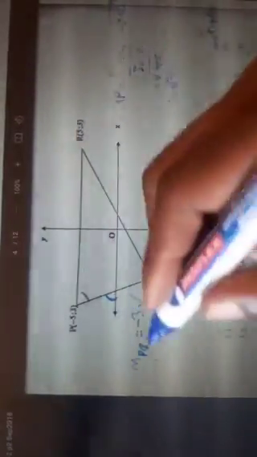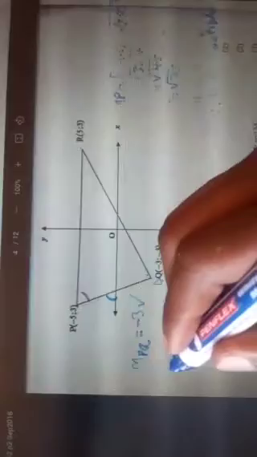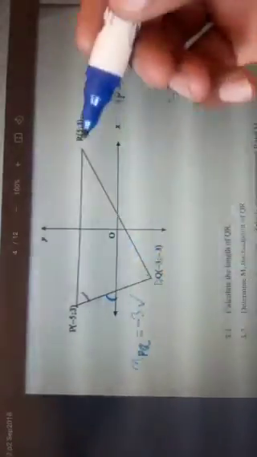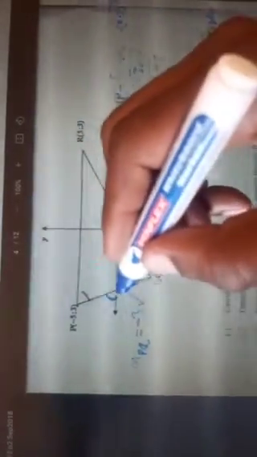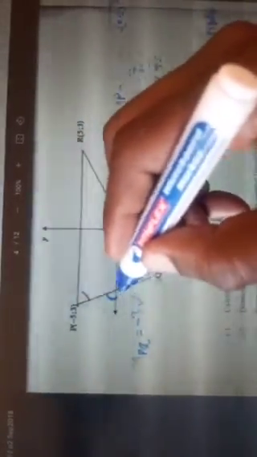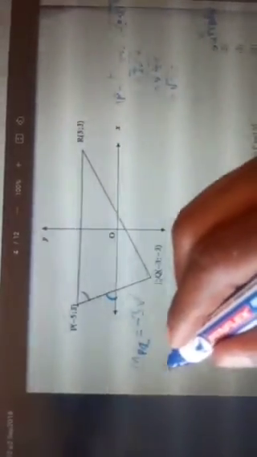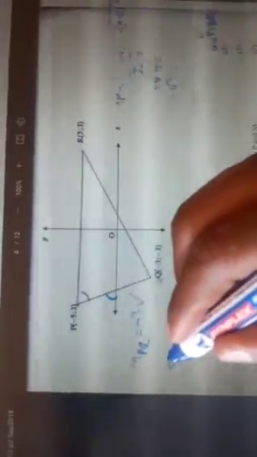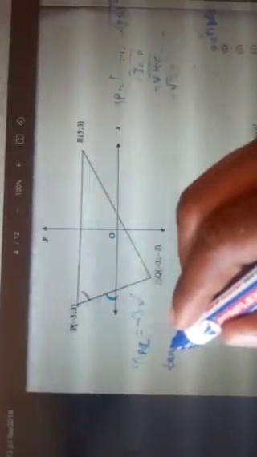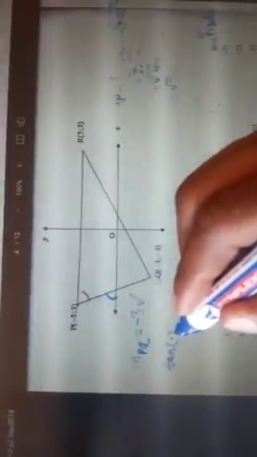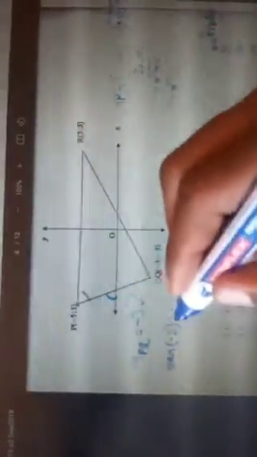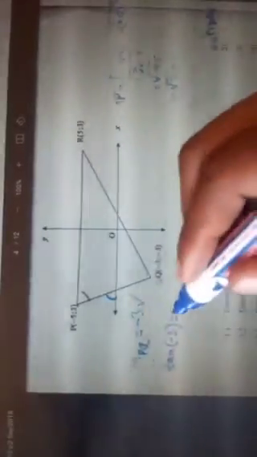Now, after getting the gradient of PQ, we can say this is an inclination. The gradient of this line is negative 3.